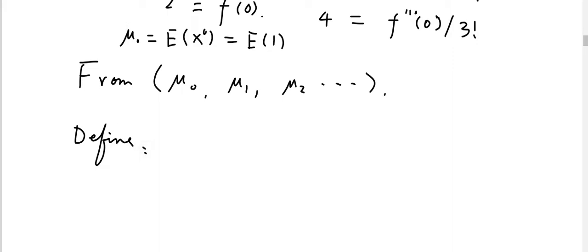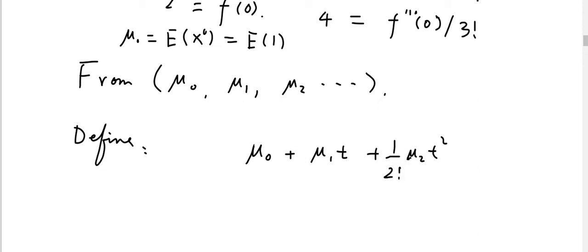We can define, let's say, mu0 plus mu1 t. We use t because for the random variable we always use x, so to avoid confusion we use t. Mu1 t, then plus mu2 t squared, but here for mu2 t squared we need to divide by 2 factorial.